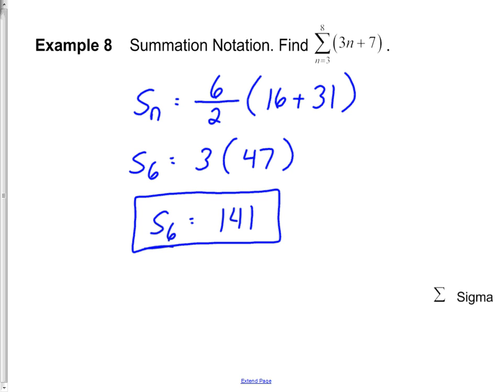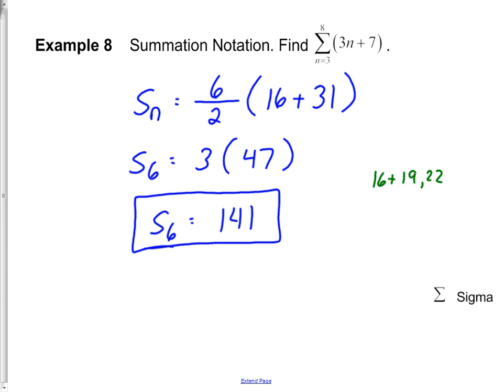So basically what this means is if I added up the 6 terms when the n value was 3 to the n value was 8. We found the first one being 16, right? The second one would be if it was 4, so that would have been 12, 19. And let's see, 3, 4. The fifth one would have been 15, 22.